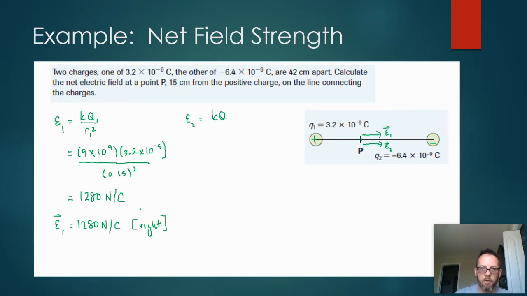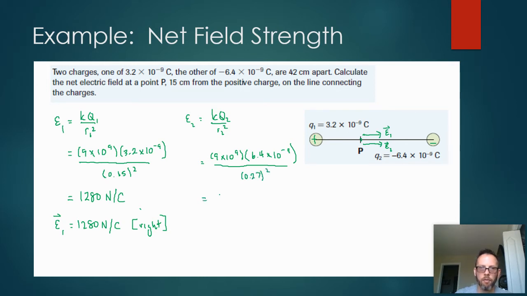So kQ2 over R2 squared. 9 times 10 to the 9. Charge setting up the field, 6.4 times 10 to the minus 9. Remember, magnitude, right? So we're plugging in positive 6.4. And the distance, well, it would be 27 centimeters left over, right?